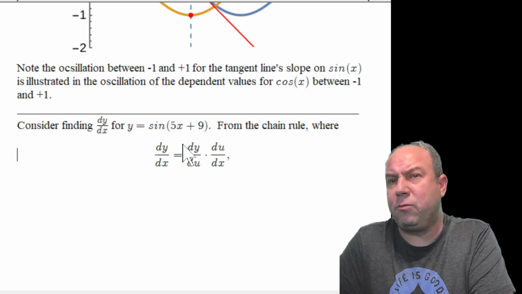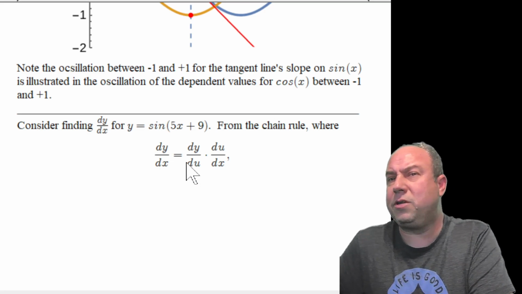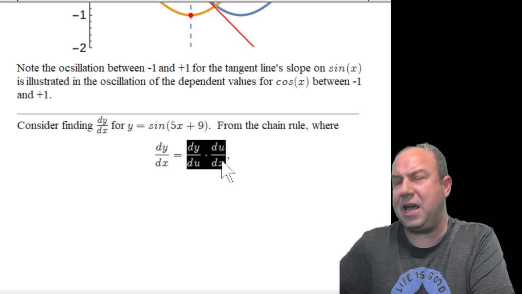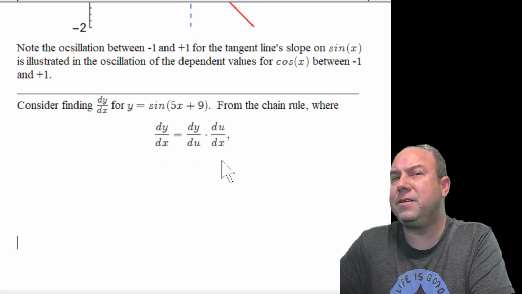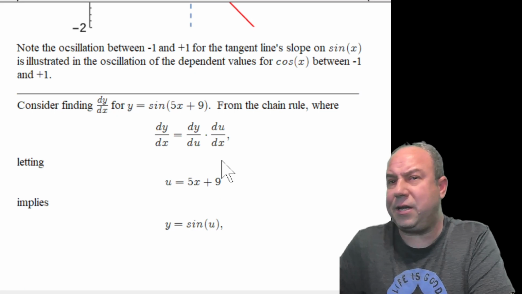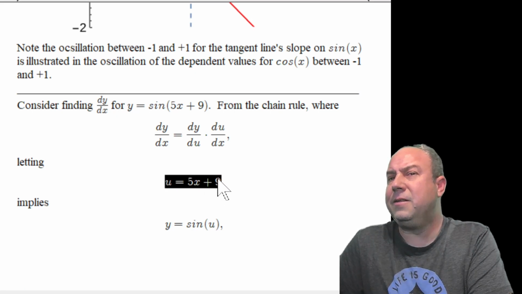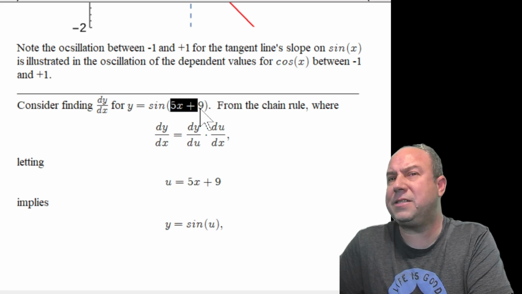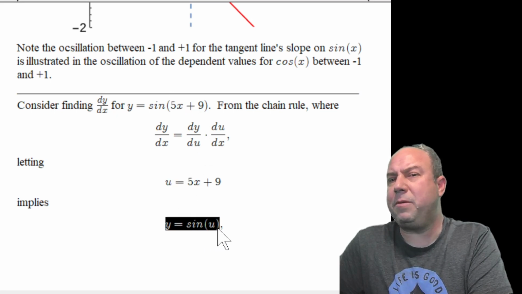Well, from the chain rule, where dy dx is equal to dy du times du dx, we can let u be the interior function, that linear function 5x plus 9, which will end up implying that y would end up being the sine of u.